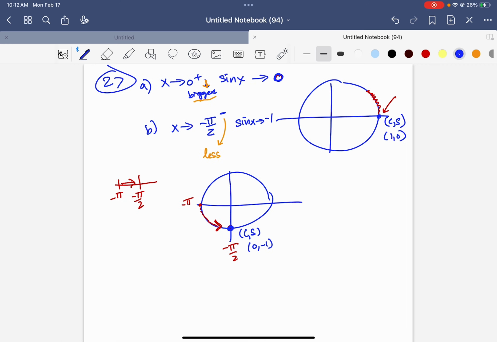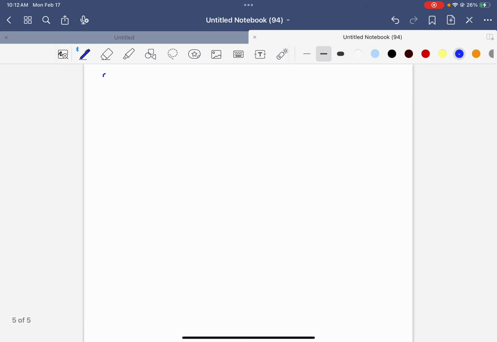So that was 27. If I look at 28, as x goes to pi from the right, that means if you have pi, you're coming in from this side of it. So maybe coming in from 3 pi over 2, because this is 2 pi over 2.